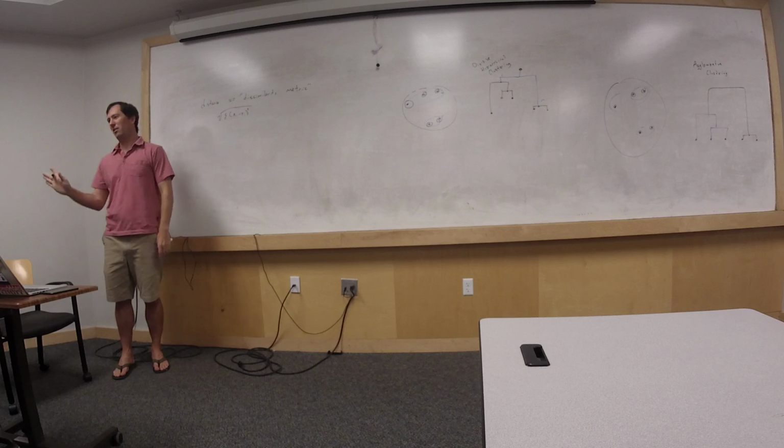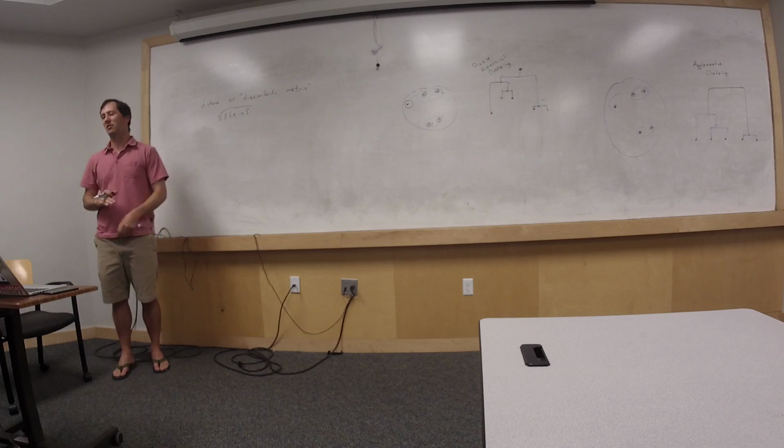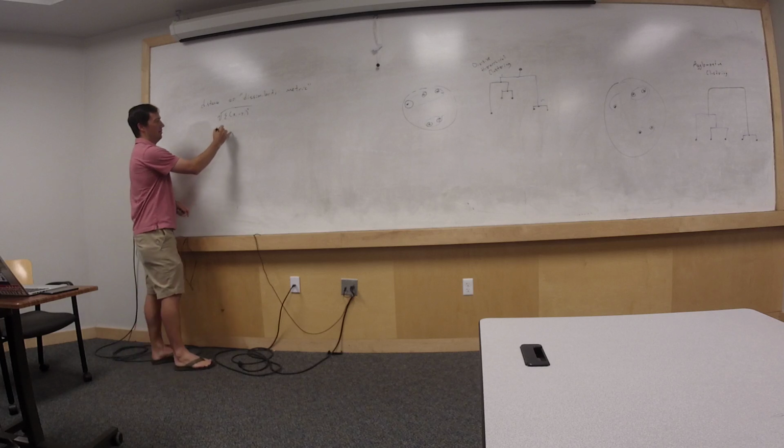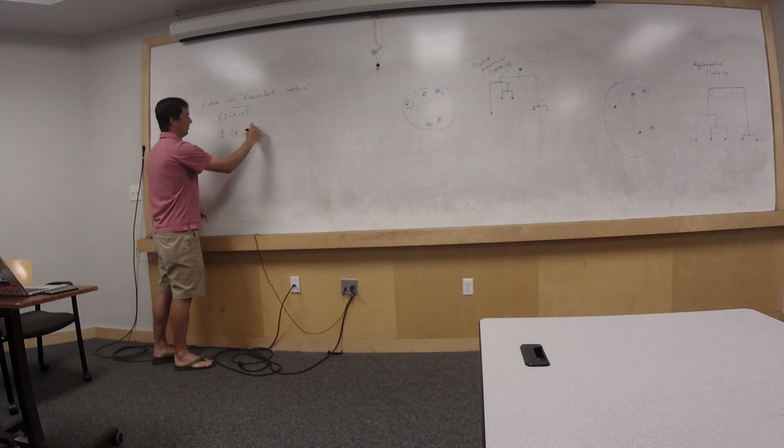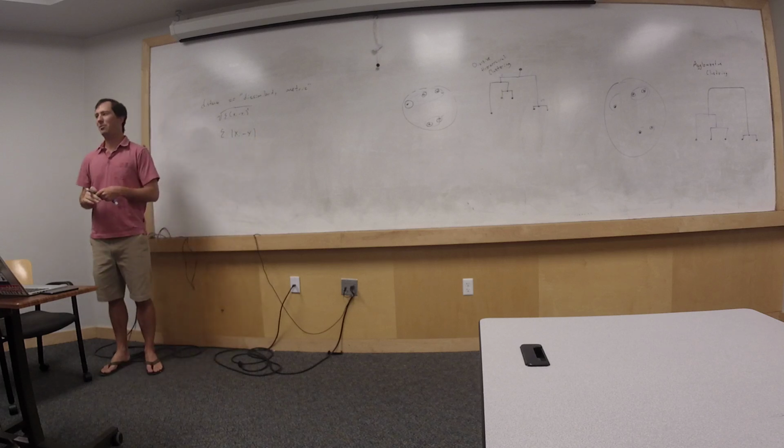I have to go along the grid directions on the streets. So I just take the absolute value of the difference in each dimension. This gives me a different way of measuring the distances between points.